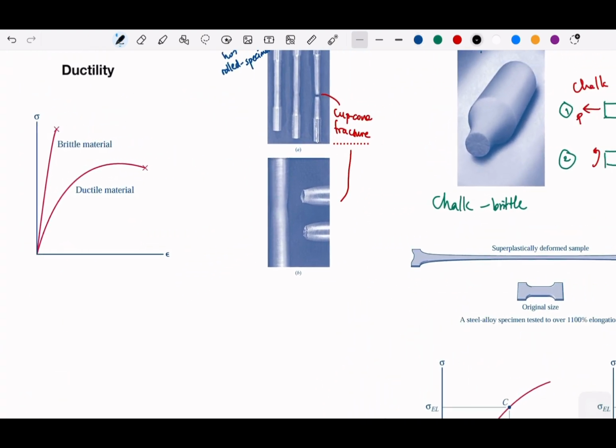So let me give you an idea here. The percent elongation will be equal to the final length minus the original length, divided by the original length, multiplied by 100%.